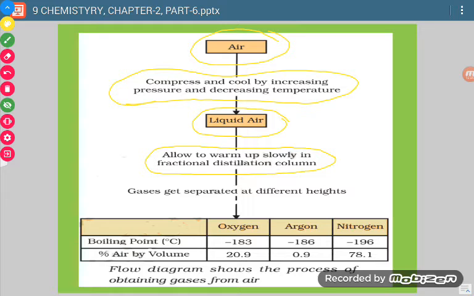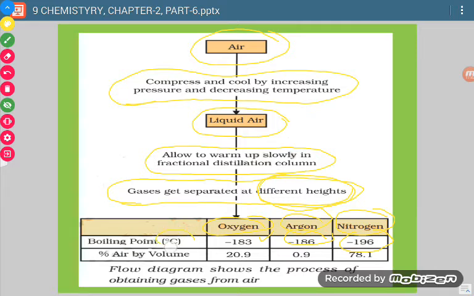Okay, then what happens, gases, meaning those components of air, will be in gaseous state and they will separate at different heights. Here, different heights means at different temperatures. Just like oxygen will separate at minus 183 degrees Celsius, argon will separate at minus 186 degrees Celsius, nitrogen will separate at minus 196 degrees Celsius.